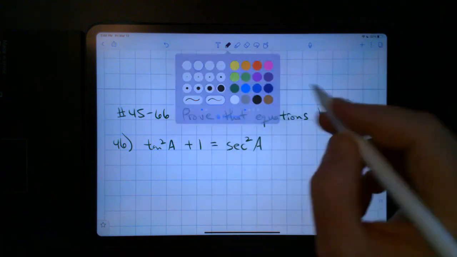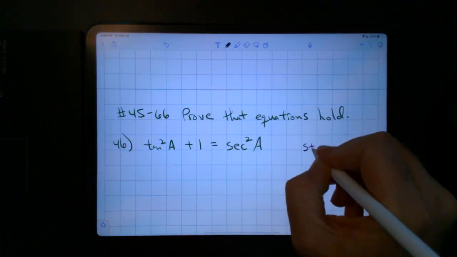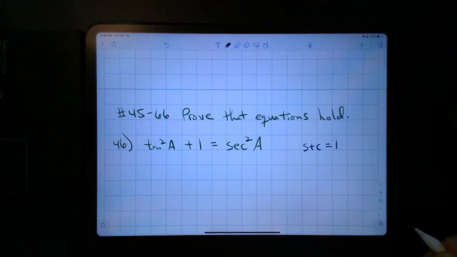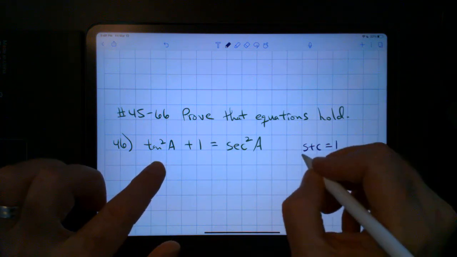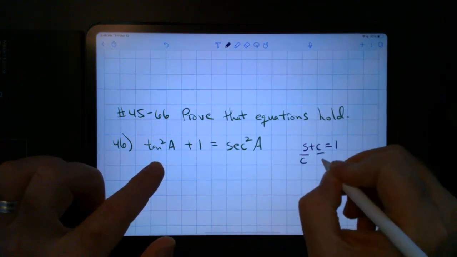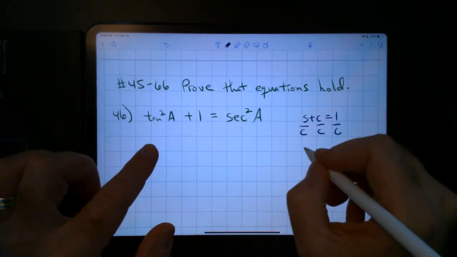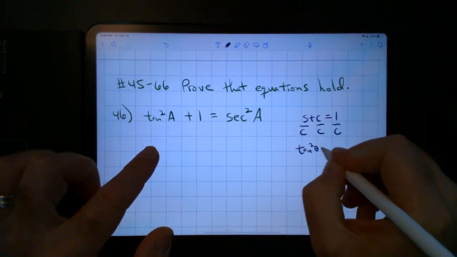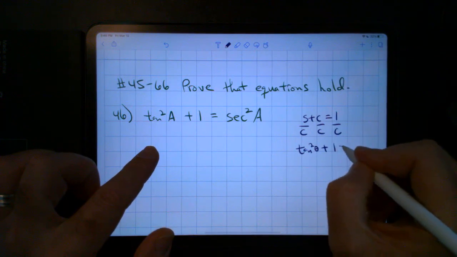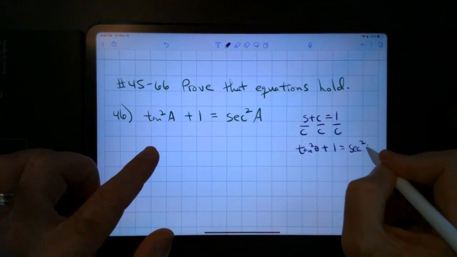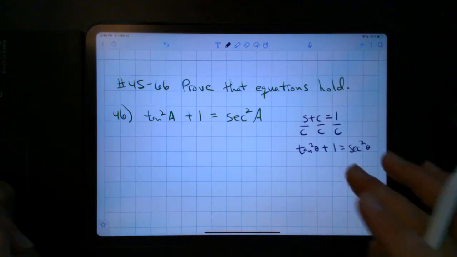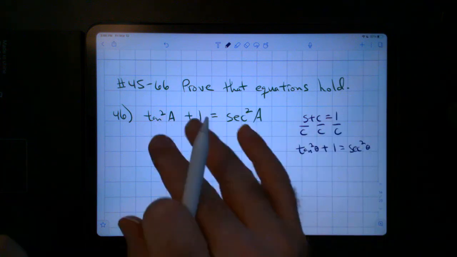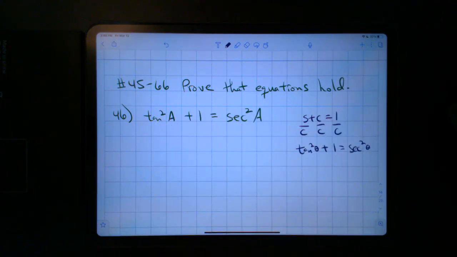I could look up at the top, but what if we just notice that sine squared plus cosine squared equals 1? Tangent is sine over cosine. So if I divide everything by cosine squared, what I get is tangent squared theta plus cosine over cosine is 1 equals secant squared theta.